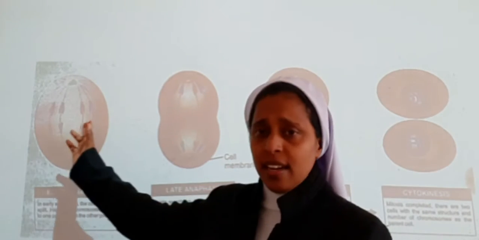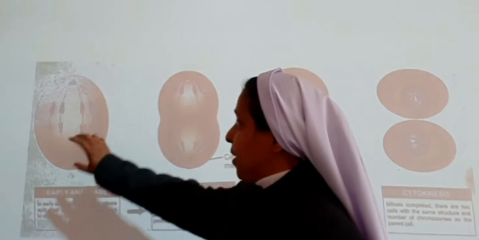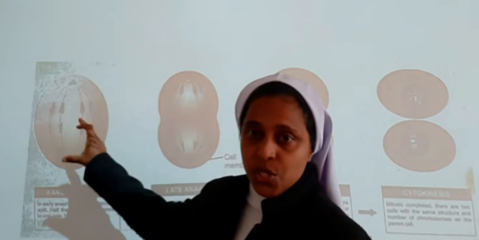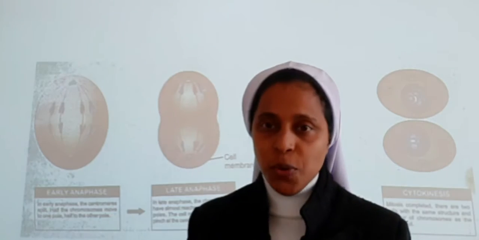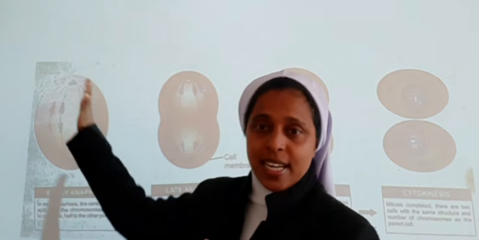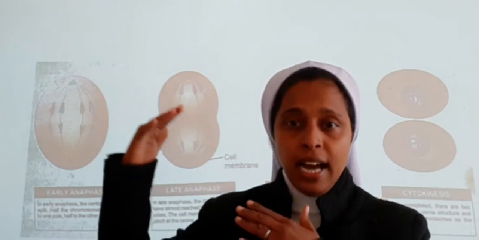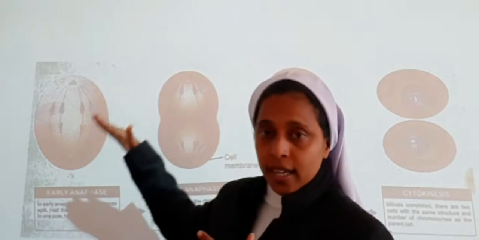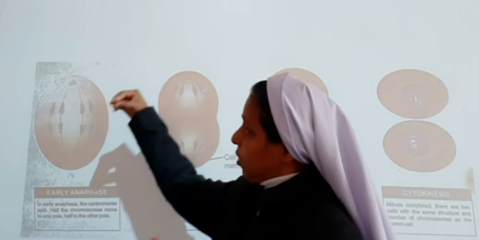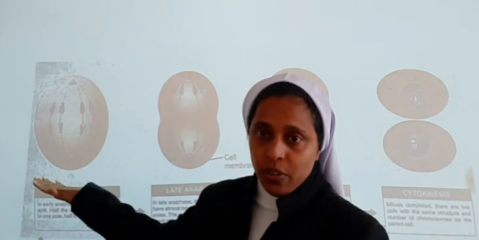You can see here in the image, in the early anaphase, the centromere starts to split. The chromosomes start to move towards the poles. Half the chromosomes will be moving to that side and half the chromosomes will be moving to this side.